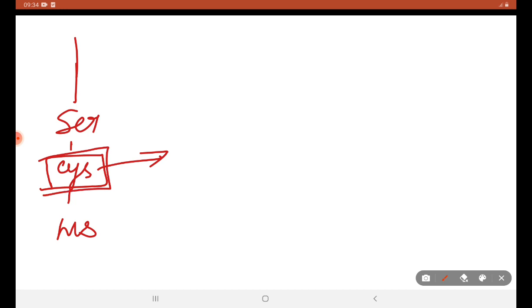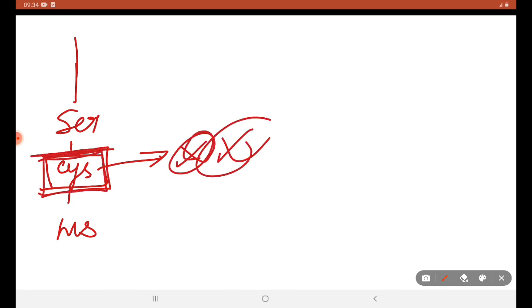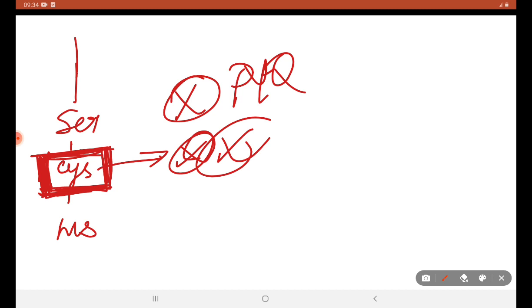This is an important pointer for the CSIR exam. The cysteine (CYS) amino acid in the polypeptide is attached with this phytochromobilin. Cysteine. This is an important previous year question in competitive exams.